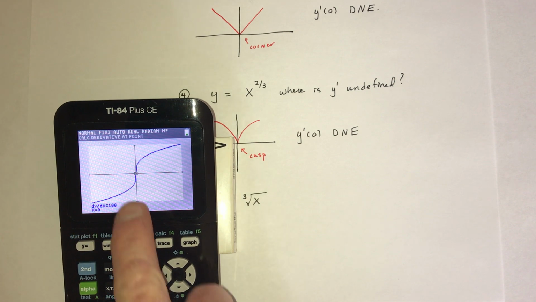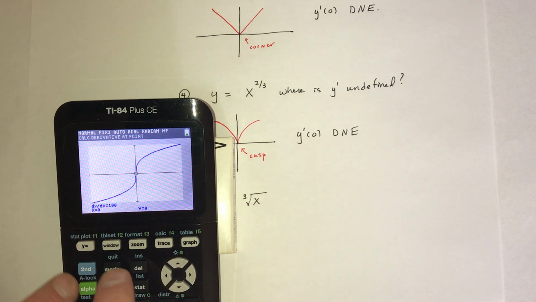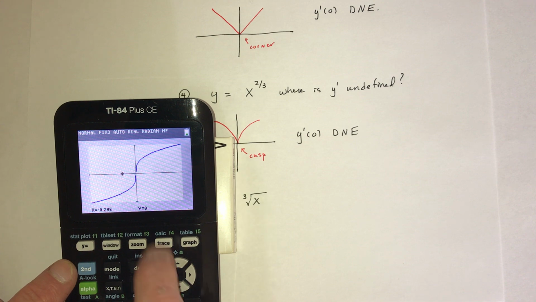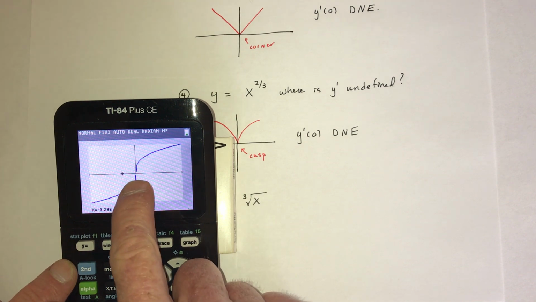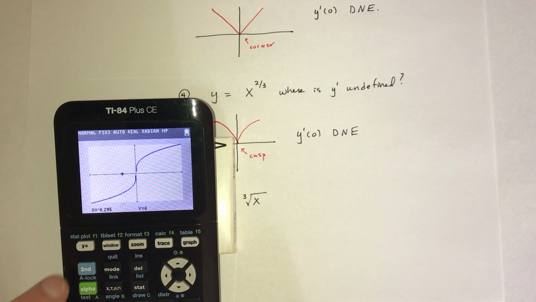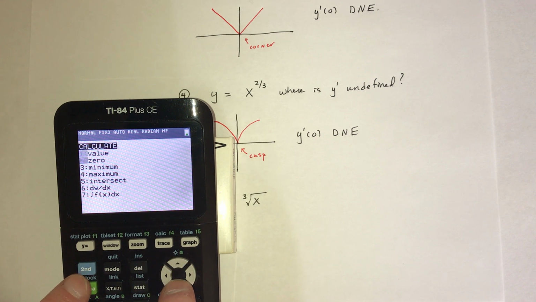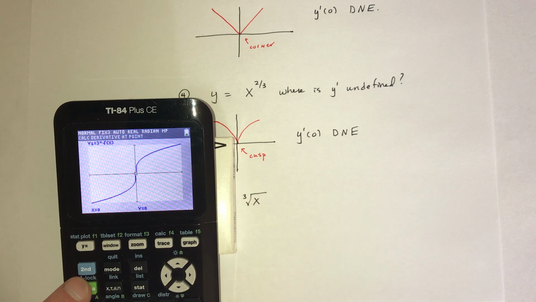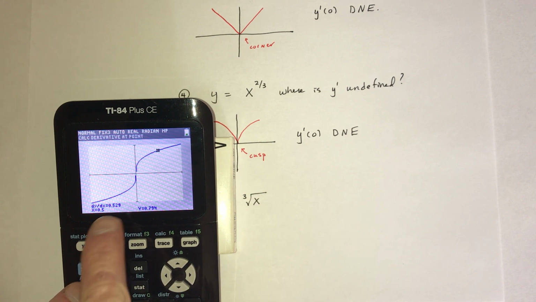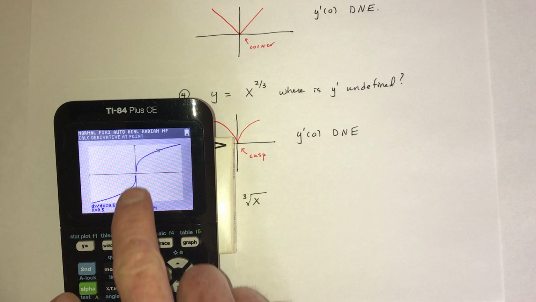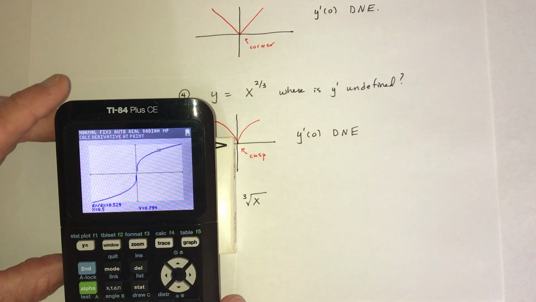So basically that point is confusing the calculator not only on graphing it, because you could see there's a hole in it, but also on the derivative. When I try any other point, take the derivative at 0.5. Yep, it does it just fine. But at that point, 0, it actually makes a mistake.